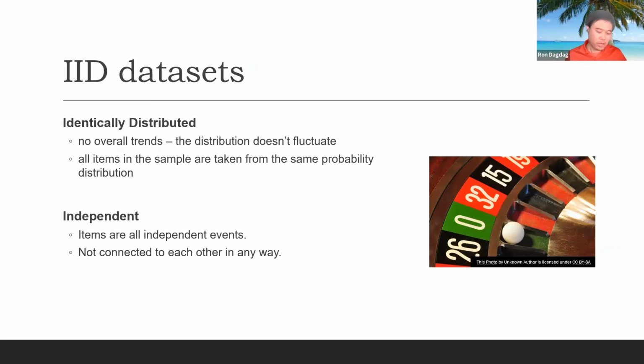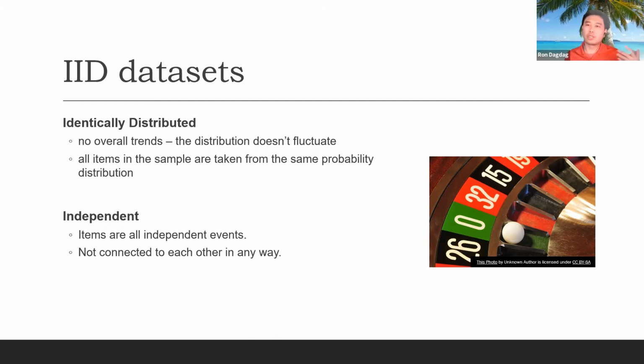Also, when you're working with Internet of Things data, streaming data like this, there's that concept of IID datasets that you might be interested in learning more about. You have the data that you're receiving, the time series anomaly data.